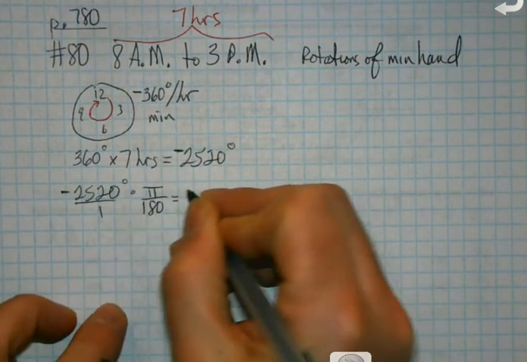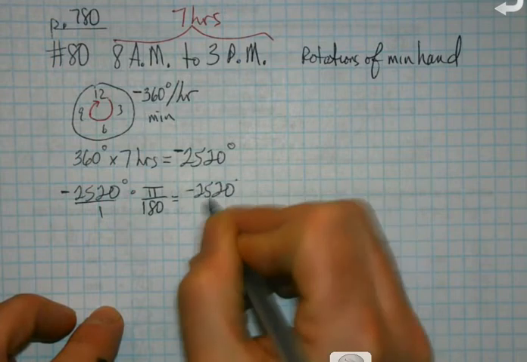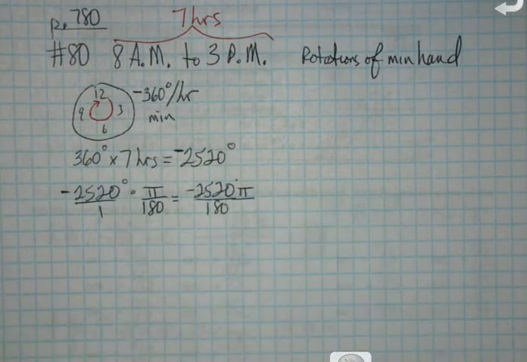So if I multiply this out, oops, almost lost my pi. Now, what's that?